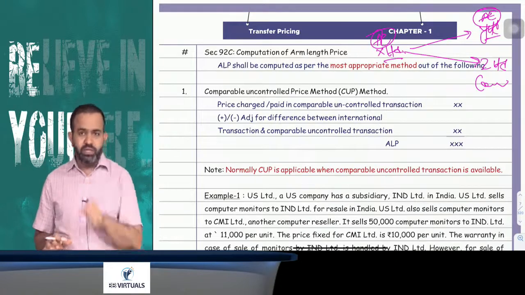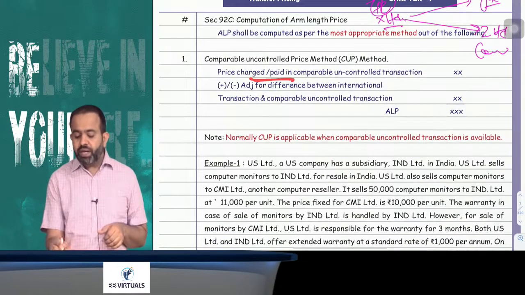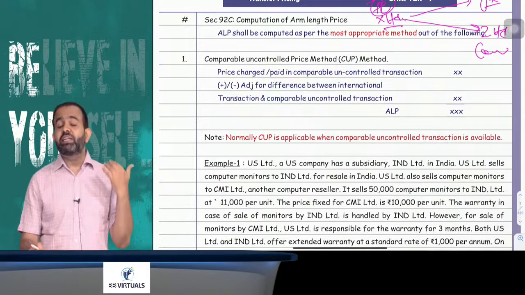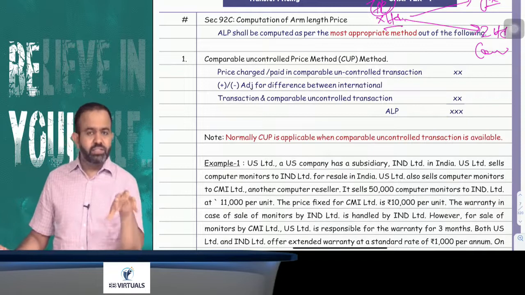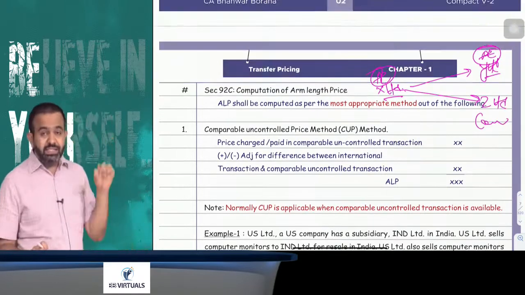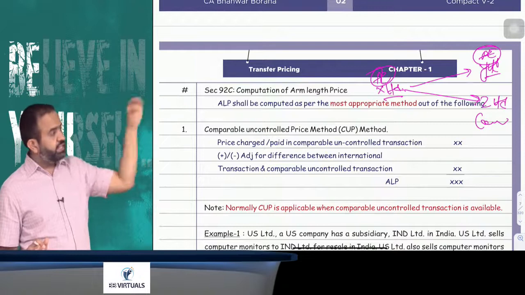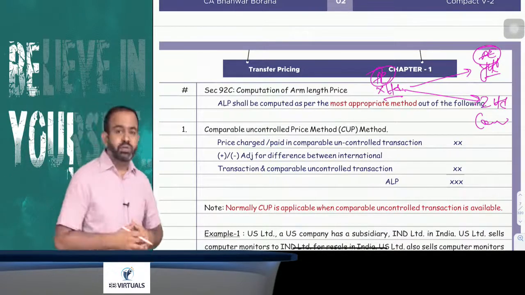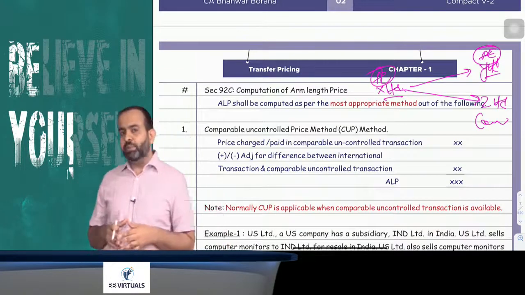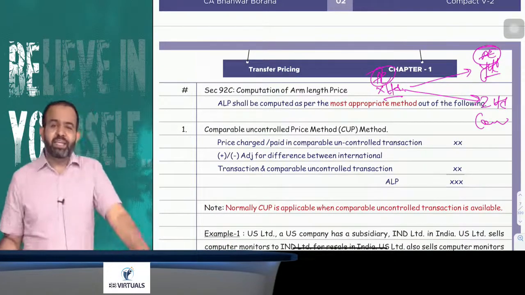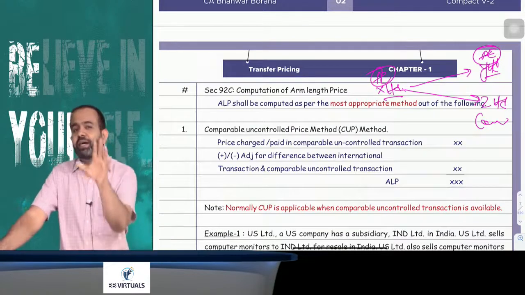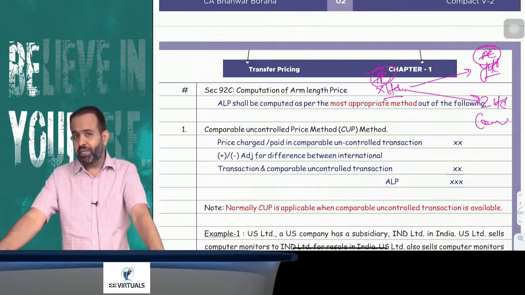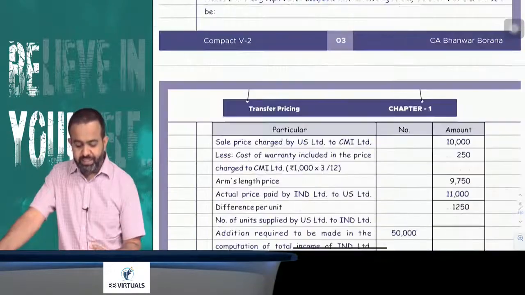First, in this method, you take the price charged or paid in the comparable uncontrolled transaction, and after that, if there is any functional difference between both transactions, means the transaction with the associate enterprise and the transaction with the outsider, then just make the adjustment for those functional differences, and you will get your arm length price. So this particular method is applicable when comparable uncontrolled transactions are available, and that is called the CUP method.